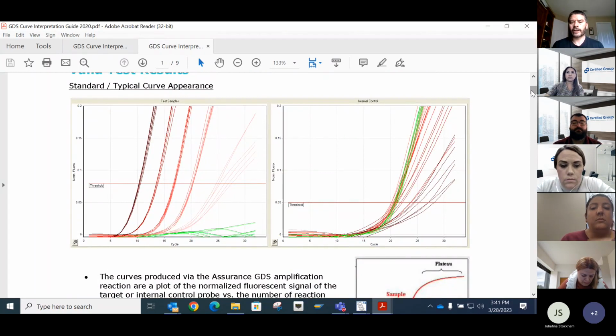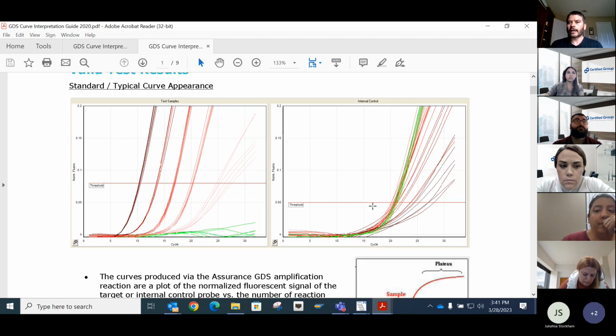The only other thing I really wanted to go through right now with this interpretation guide is the internal control. The internal control lines are very similar to positive sample lines in the test window for the actual positive result.